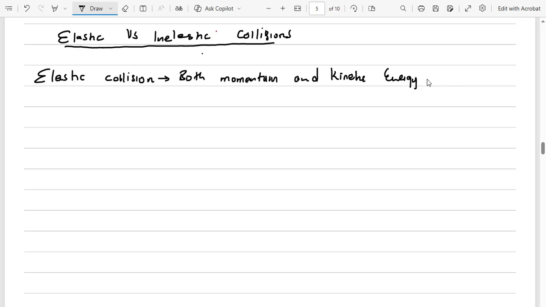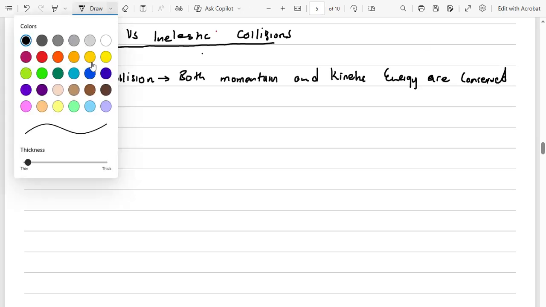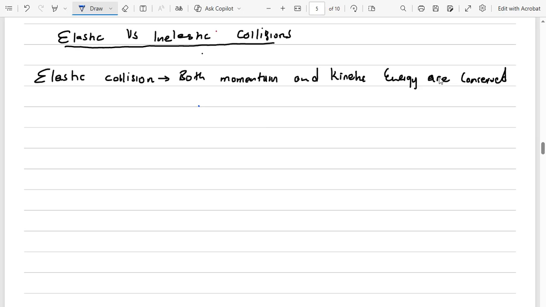In an exam, they'll never ask you to define, but they'll ask you to use calculations to show the same. Conserved means the same. When we say they are conserved, they are the same.